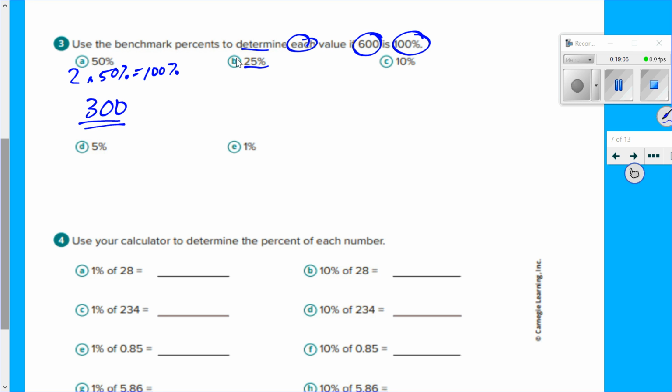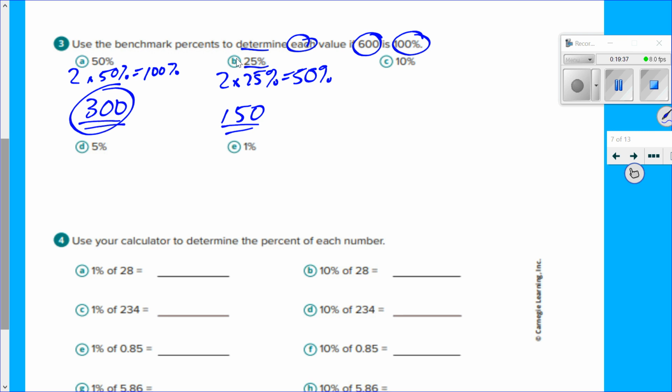I also know 2 25s is 50%, correct? So I can take my answer from 50 and divide it by 2. I know that's 150. Or you could have said that 4 25s gives me 100, so 600 divided by 4. Either one's going to get you the same answer. One of the beauties of understanding these baseline percents is you can do whichever one makes you feel most comfortable.